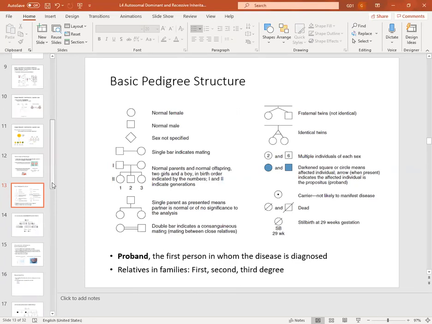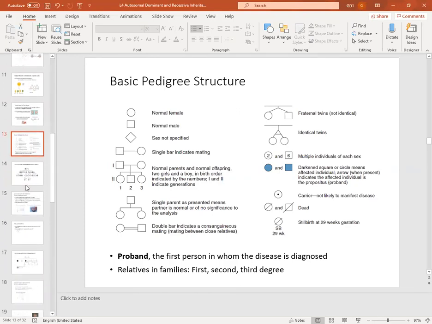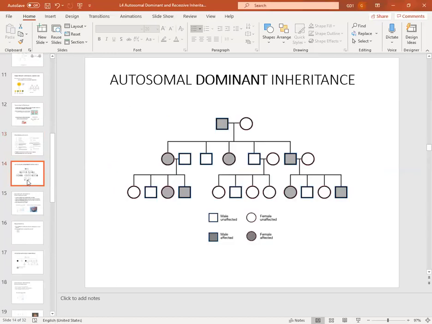Now we will go to the main dish of the chapter. We'll talk about autosomal dominant inheritance. Have a look at this pedigree. The white female and male are not expressing the disease, and these are expressing the disease.